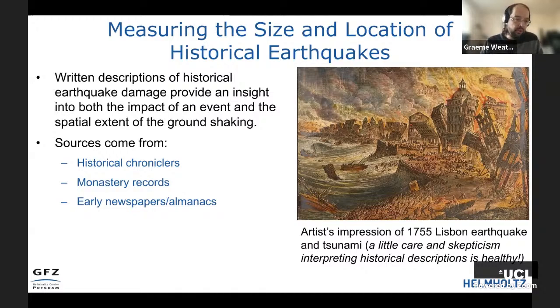The sources for this can come from historical chroniclers, so people writing at the time of the event, monastery records, or records from other religious buildings or institutions. And by the mid 18th century and later, we start to have early newspapers and almanacs.